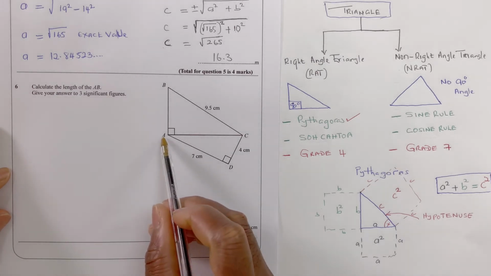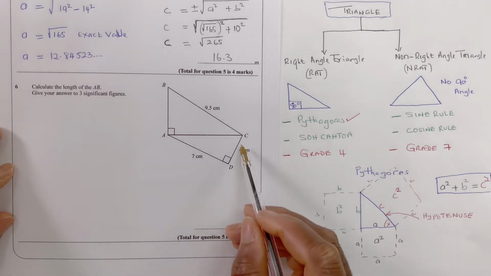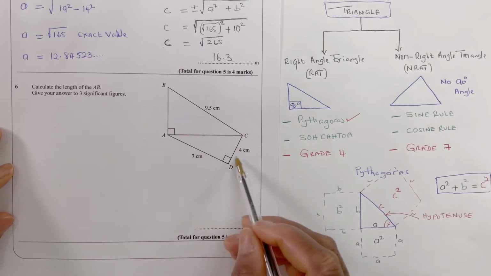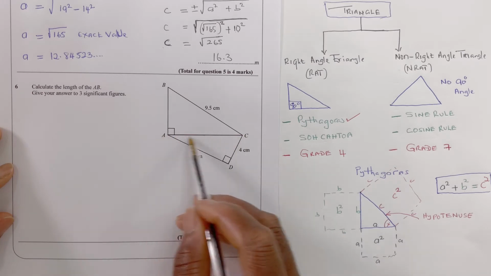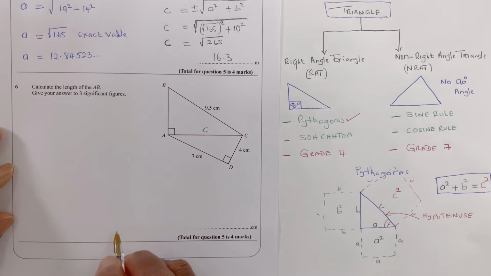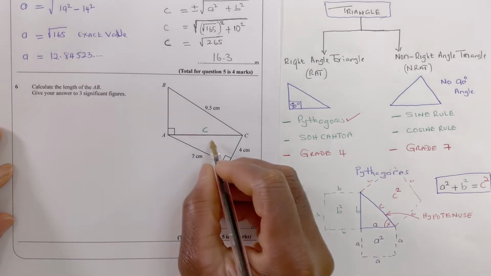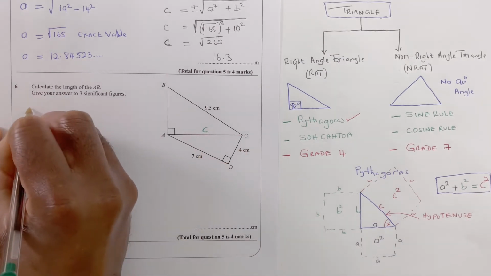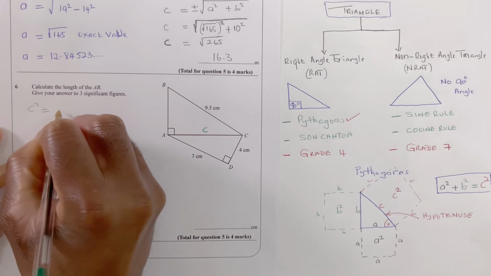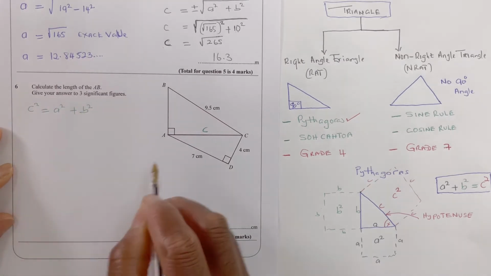Right, we need to find AC first. To find AC, I'm going to find out which is the longest side. The longest side is AC, so I'm going to call that C because it's the longest side. And I can apply Pythagoras' formula here. So C squared equals A squared plus B squared.